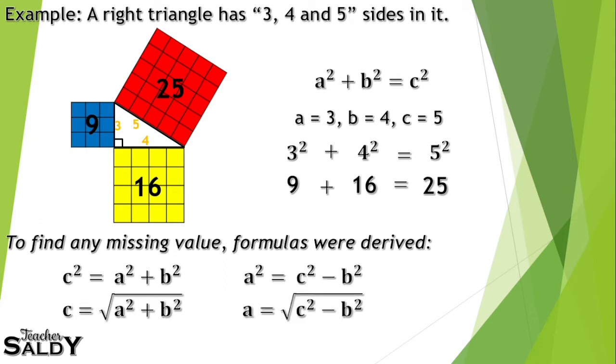If you are looking for A, or what we call the height, we get A squared is equal to C squared minus B squared. A now is equal to square root of C squared minus B squared. And lastly, we have B squared is equal to C squared minus A squared. B is equal to the square root of C squared minus A squared.